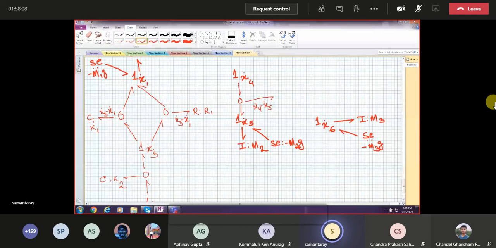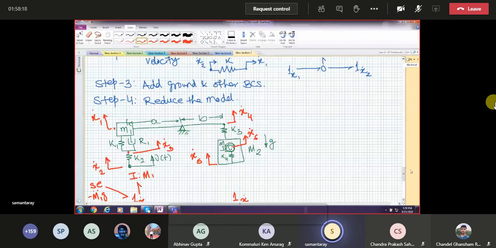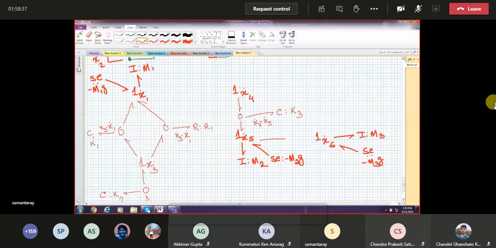So there is a spring from which that lip is hanging. K3 exists between x4 dot and x5 dot. I have taken x4 dot minus x5 dot. And K4 exists between x5 dot and x6 dot. You can take x5 dot minus x6 dot or opposite, doesn't matter. So let's take x5 dot minus x6 dot. Here we are, K4.